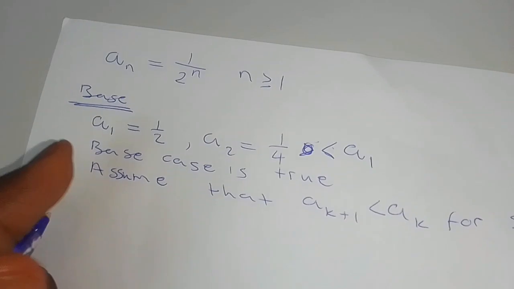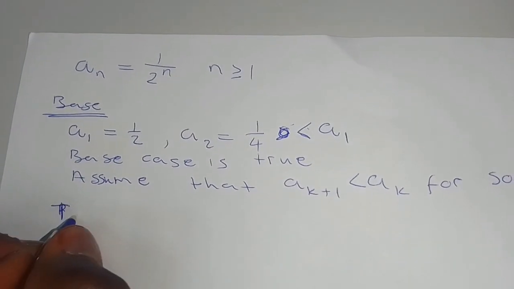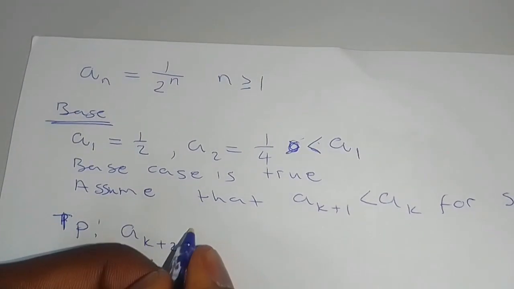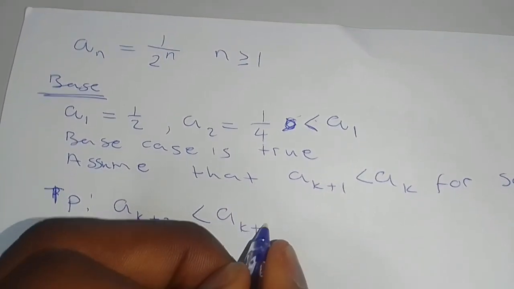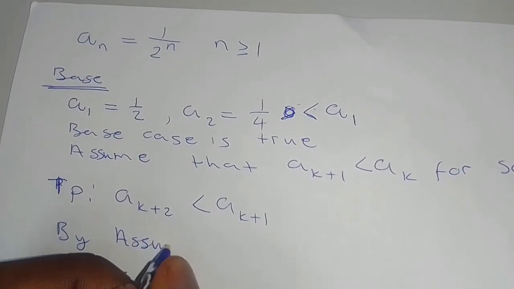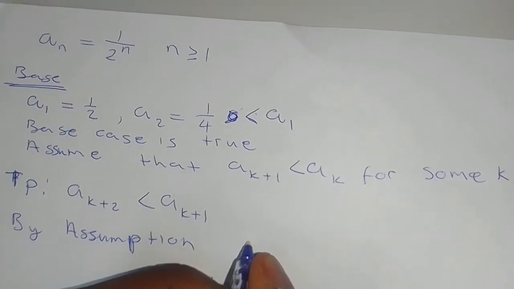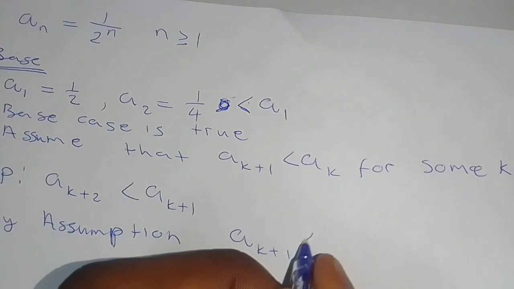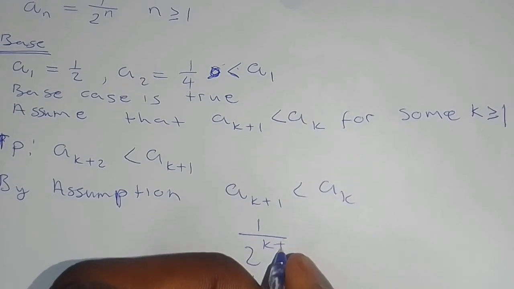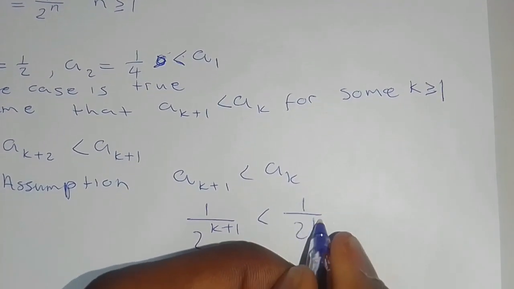Using this assumption, what we want is to prove that a_{k+2} is less than a_{k+1}. By assumption, we know that a_{k+1} is less than a_k, which means that 1 over 2^{k+1} is less than 1 over 2^k.